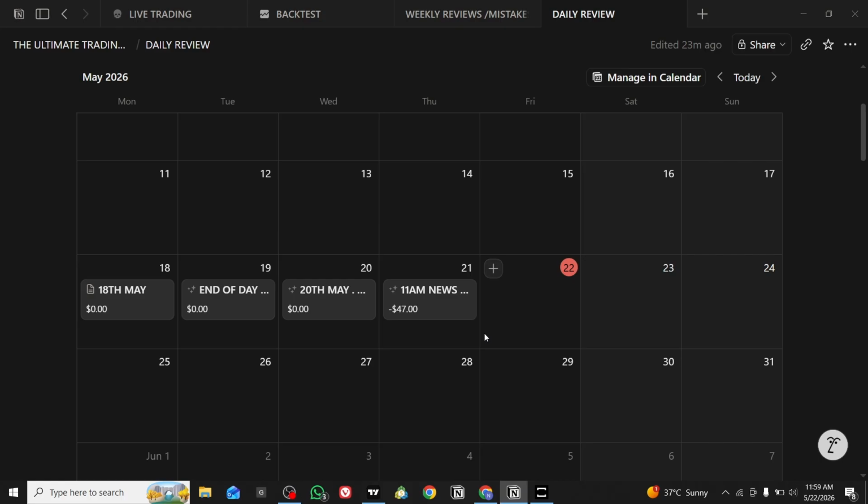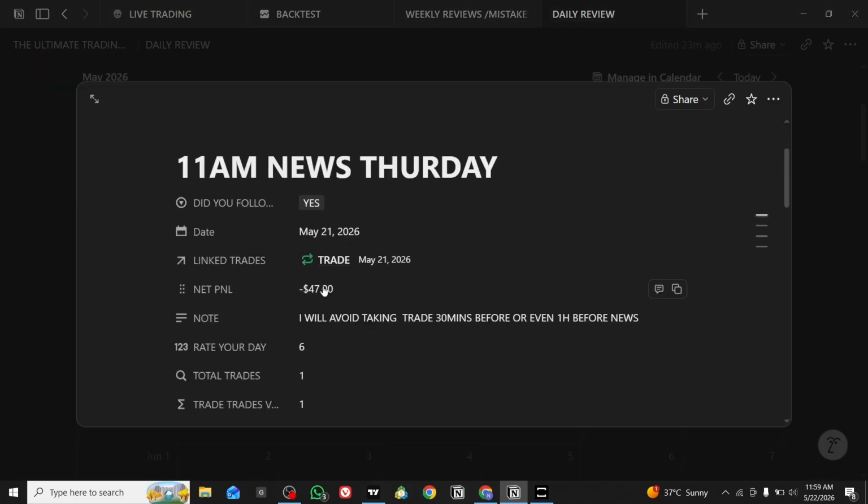One thing I was thinking about while reviewing and doing the journal is where I placed the PNL. I usually take trades on two accounts, GFT and DNB right now.